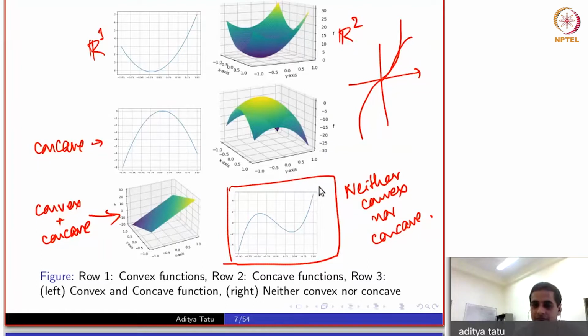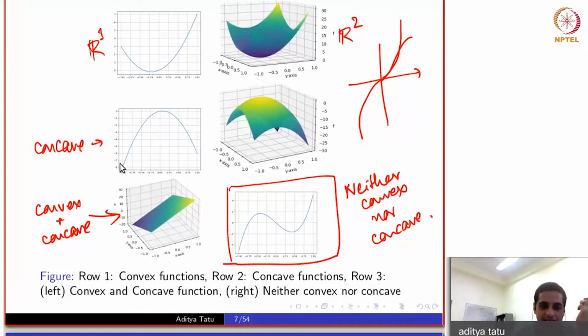So the slope at the point 0, 0 would be 0, right? Is there any other condition that you should check? If the slope is 0, does that mean it is guaranteed to be a minima?